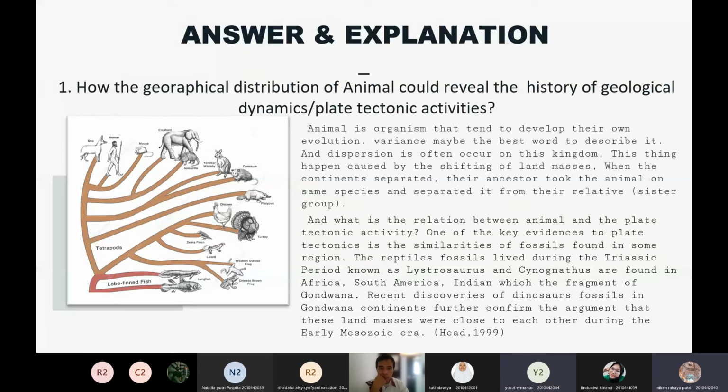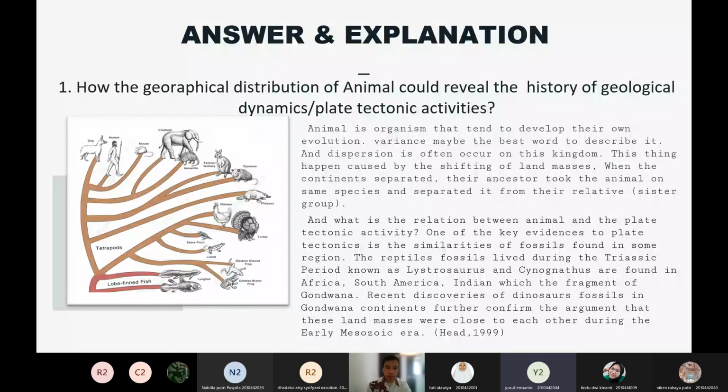And what is the relation between animals and plate tectonic activity? One of the key pieces of evidence for plate tectonics is the similarity of fossils found in some regions.